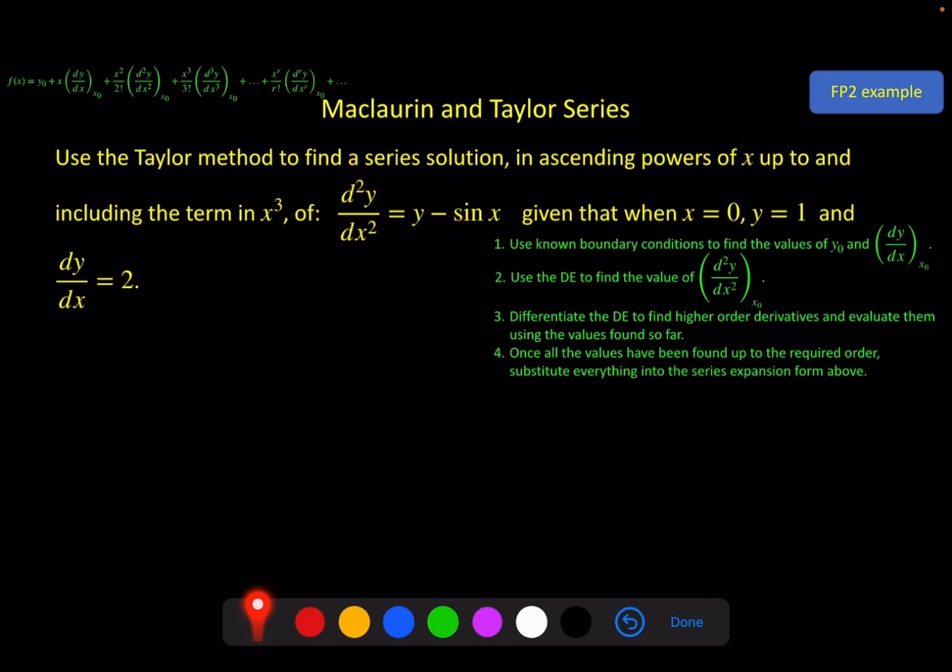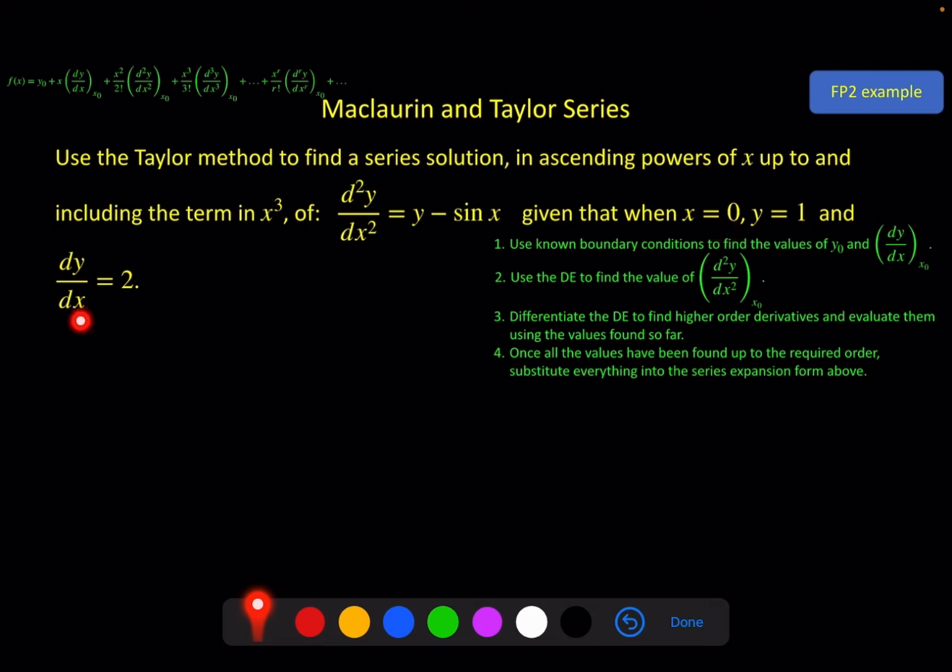The boundary conditions that we are given is that x equals 0, y equals 1, and the first derivative is 2 all at the same time. That's important. When x equals 0, y equals 1. These two together are telling us that y0 is 1. This is y0 if this is true when x equals 0.